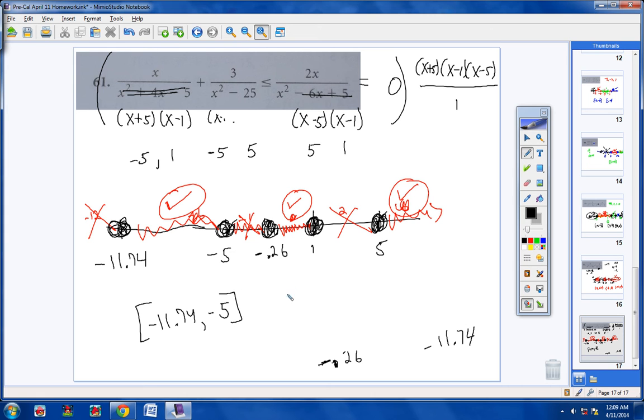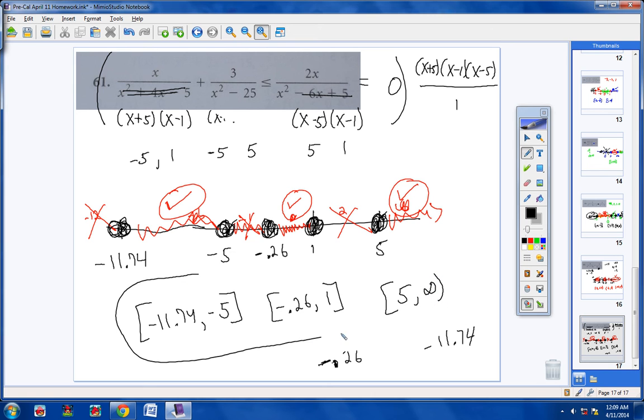And then this section here, which would be from negative 0.26 up to 1. And then we have from 5 to infinity. Okay, so there's your answers right there that resemble those regions that definitely worked.